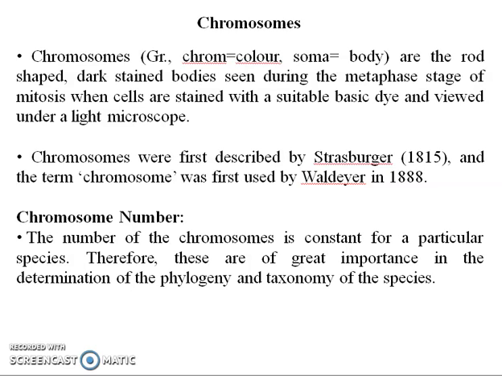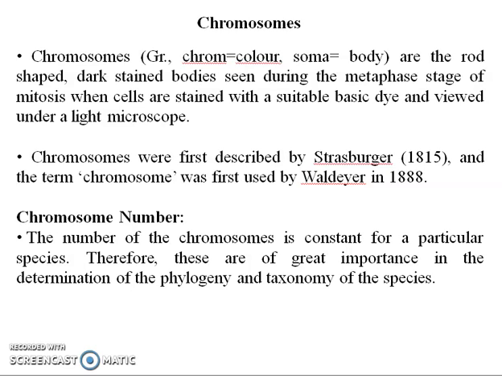These are rod-shaped, dark stained bodies seen during the metaphase stage of mitosis when cells are stained with a suitable basic dye and viewed under a light microscope. It can be stained and seen only at the metaphase stage; at other times we cannot see it.